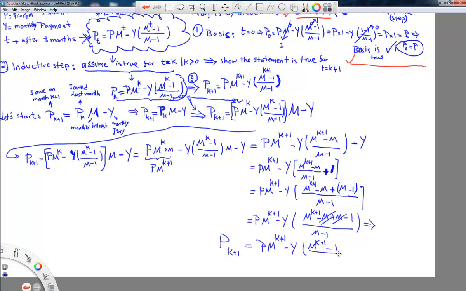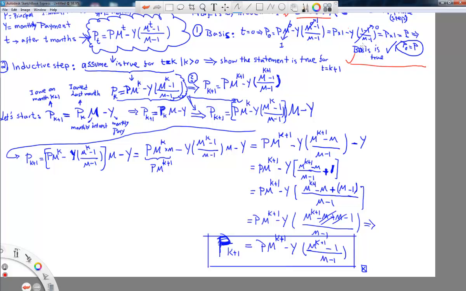And this will basically prove my theorem, because I started from p sub k plus 1 and worked my way down to show that it is exactly equal to p times m to the k plus 1 minus y times m to the k plus 1 minus 1 over m minus 1, which is what I wanted to prove.